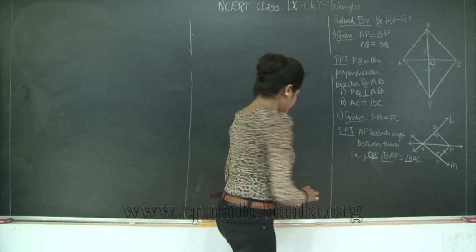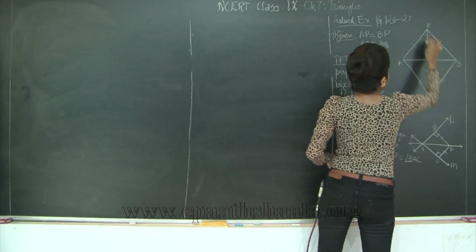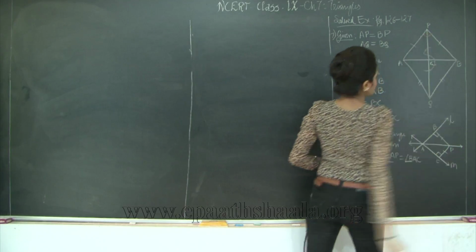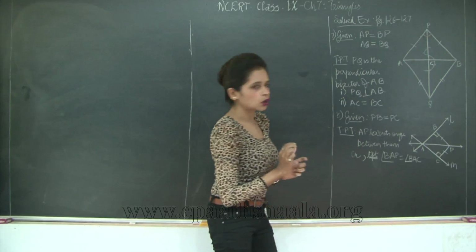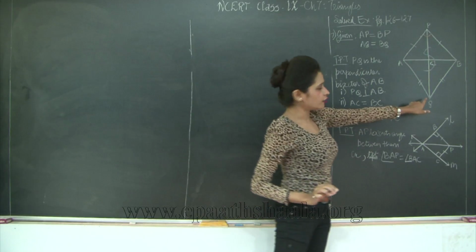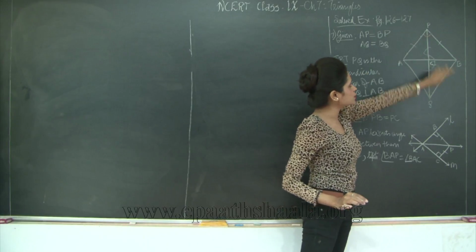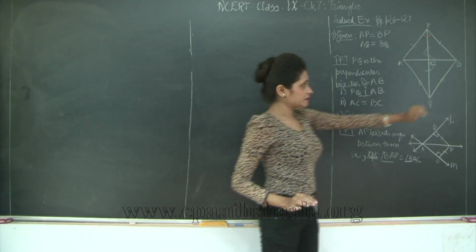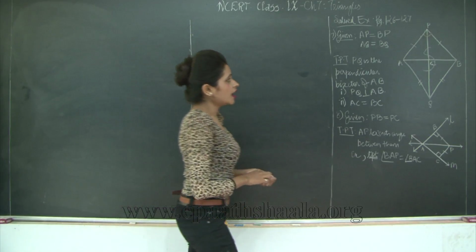Obviously then I can say that two angles are congruent. Which are my two angles? APQ and BPQ. I will just go a little ahead of Q and restrict it to point C. So I will say therefore angle APC is equal to angle BPC by corresponding parts of congruent triangles.